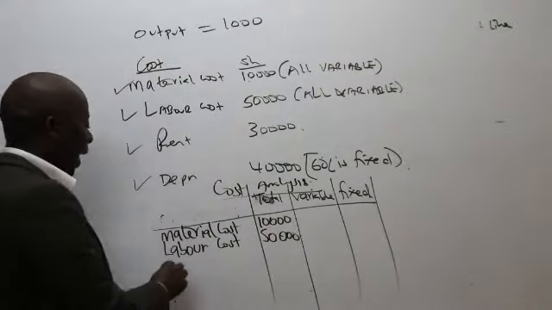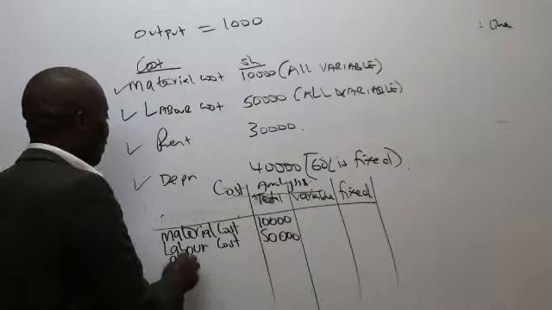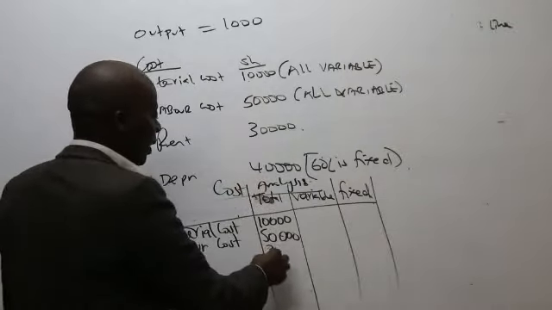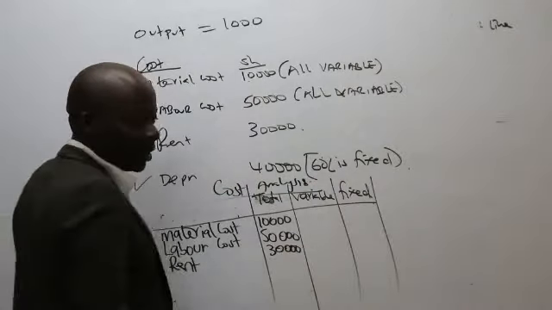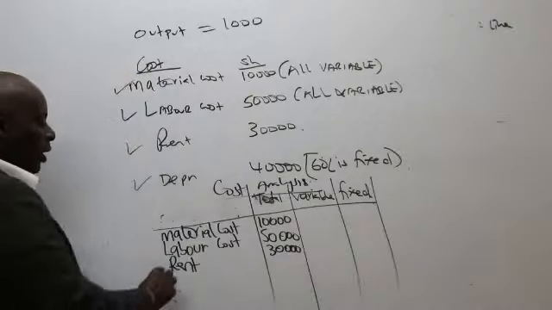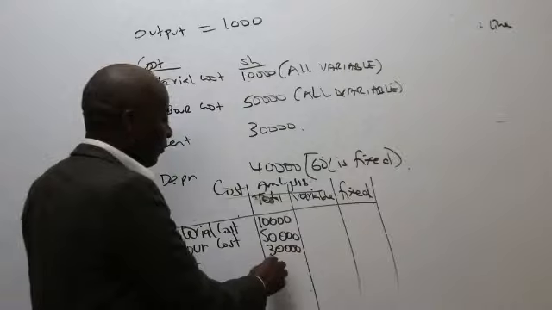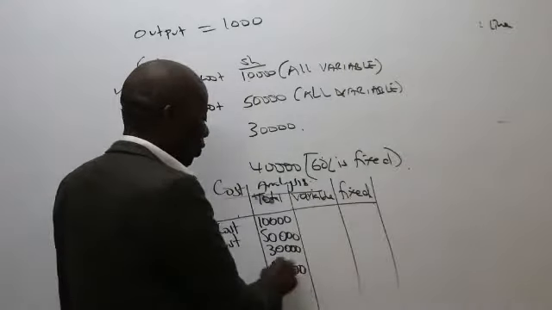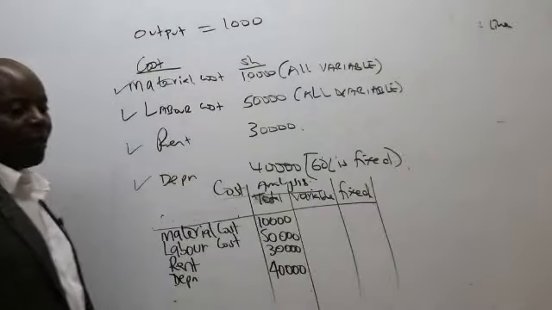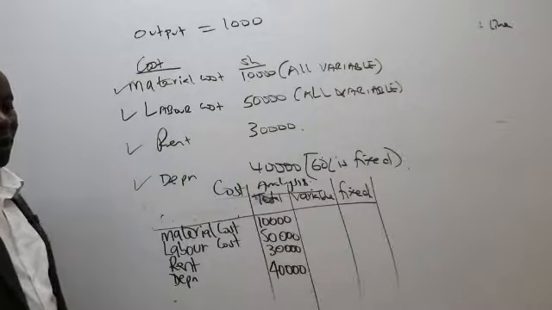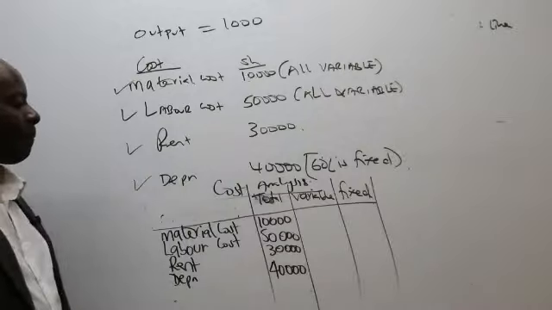From there, we have rent, a total figure of 30,000. And then we have depreciation, 40,000.